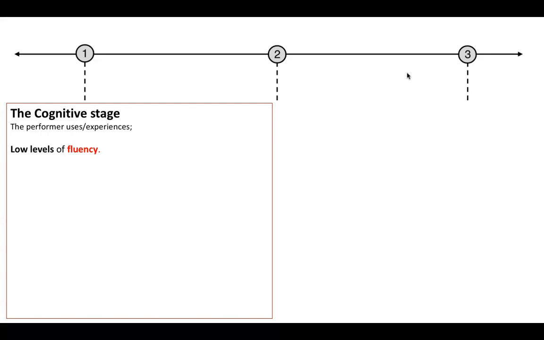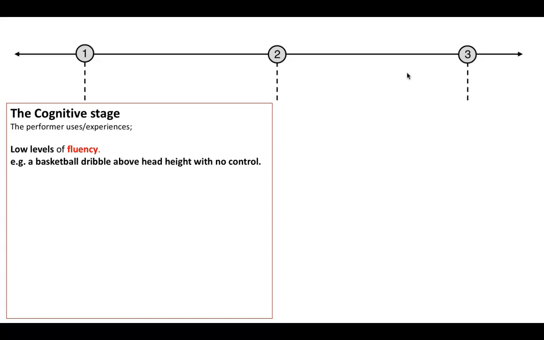You've got questions and answers for each one. So in the cognitive stage of learning, the performer is going to experience low levels of fluency. For example, a basketball dribble above head height with no control. The performer isn't fluid. So they're not going to be able to control the basketball dribble. So low levels of fluency, for example, a basketball dribble above head height with no control.